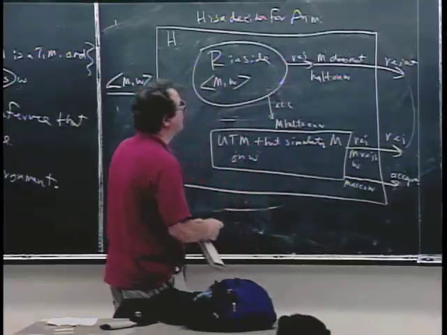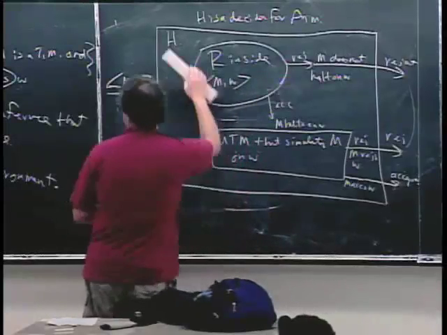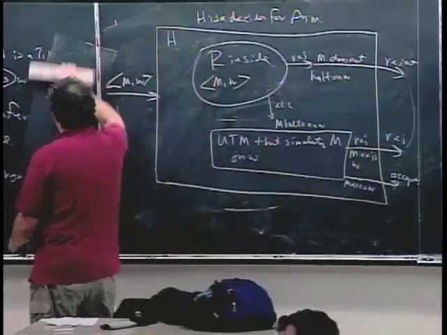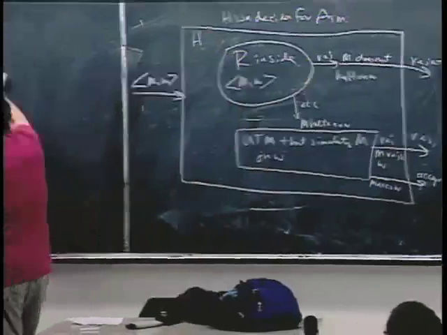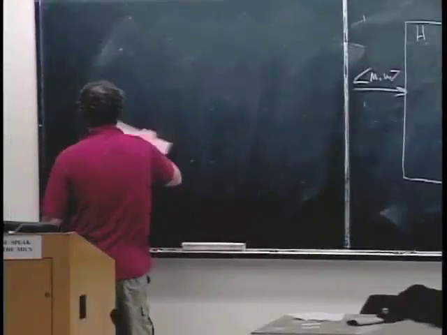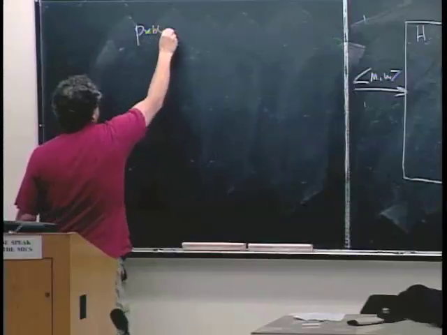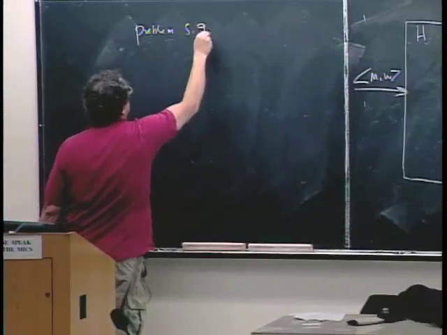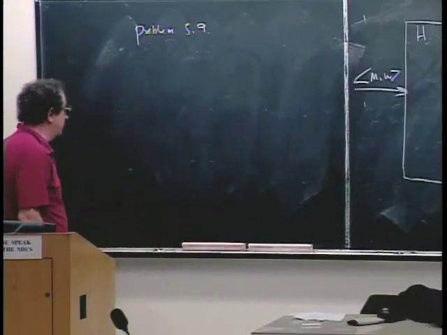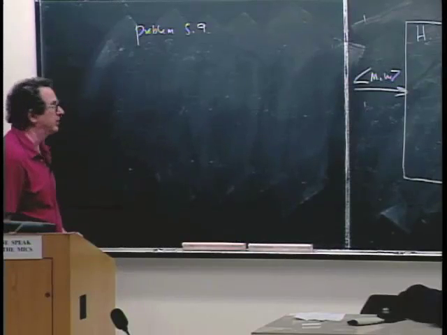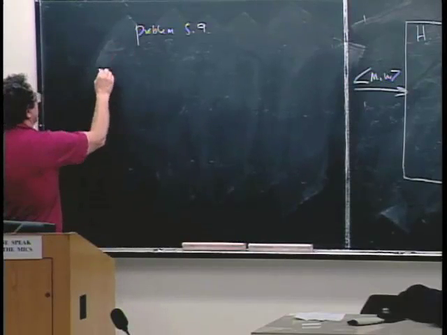Okay, so one of the problems that I put on in the second round is the following. This is actually a question out of the book. I think it's 5.9, which is to look at the following language, and I don't remember what it's called. We'll just make up a name for it.